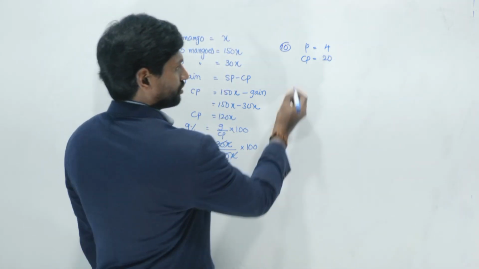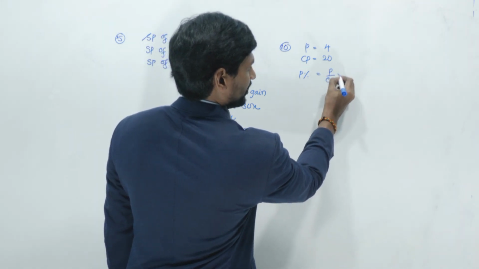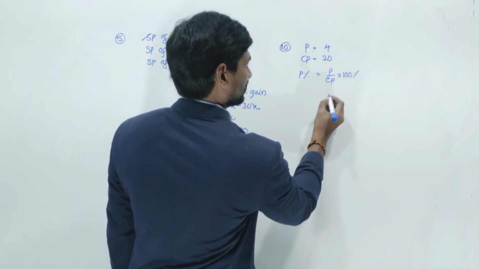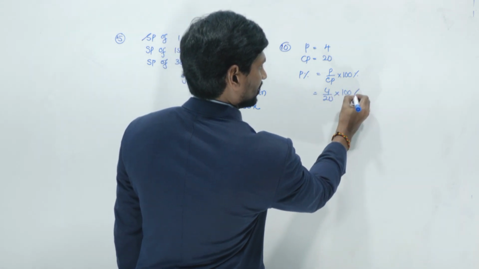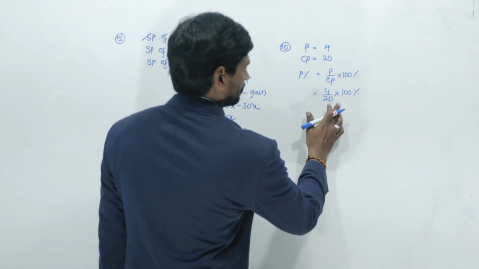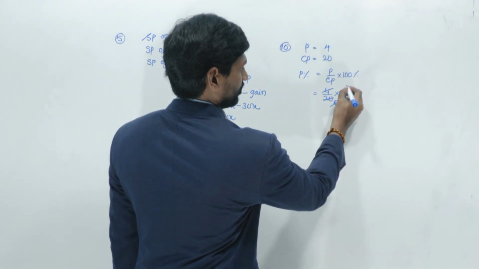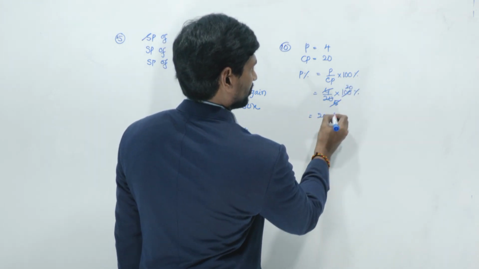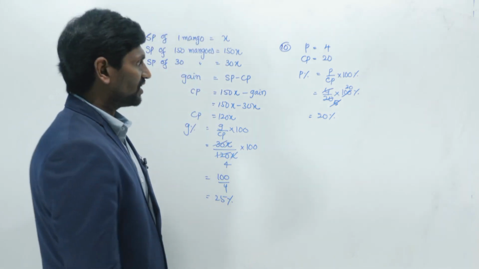Profit percentage is profit by CP into 100%. So 4 by 20 into 100. 4 table 5 times, 5 table 20 times. 20%. Okay?